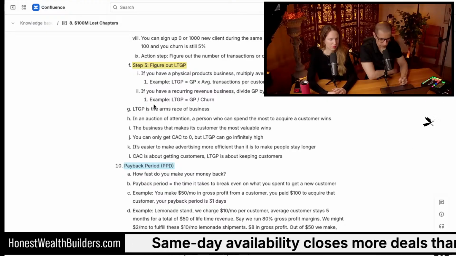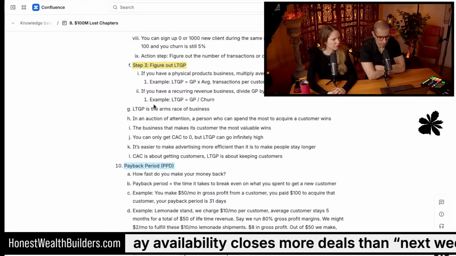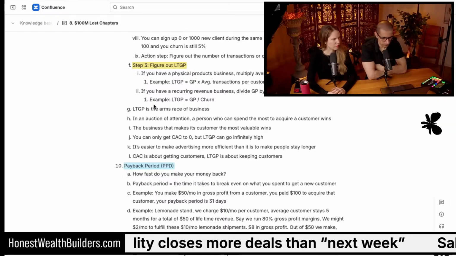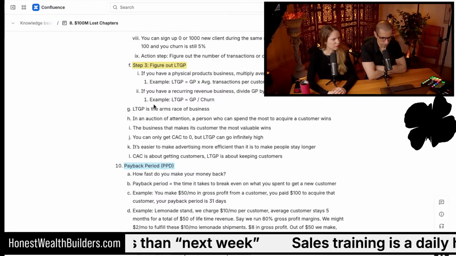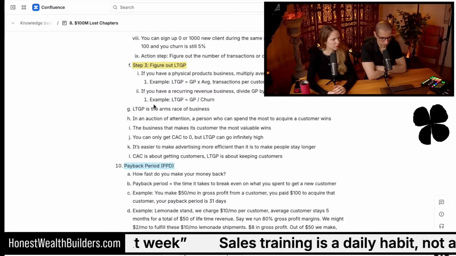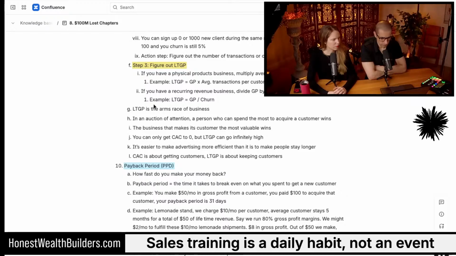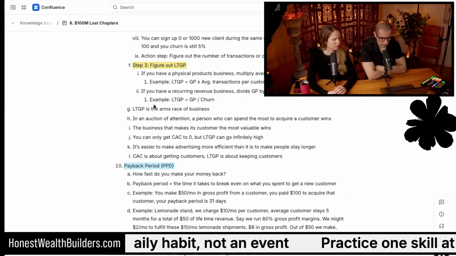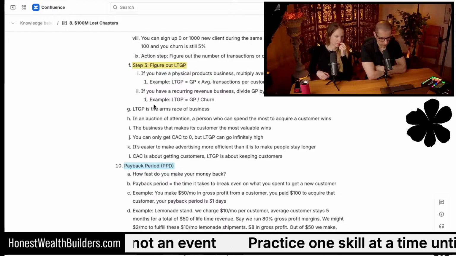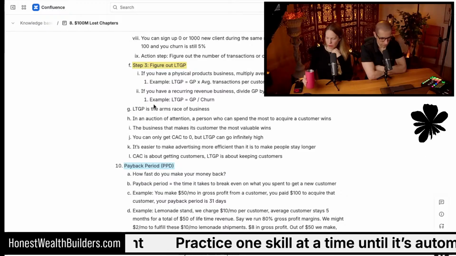In history, an arms race is when two sides keep trying to outdo each other by building more powerful weapons. In business, the weapons are ways to make customers stick around and spend more over time. Companies are racing to win customer loyalty and maximize their long-term profit. If you can boost lifetime profit faster than others, you outcompete them, like winning an arms race.